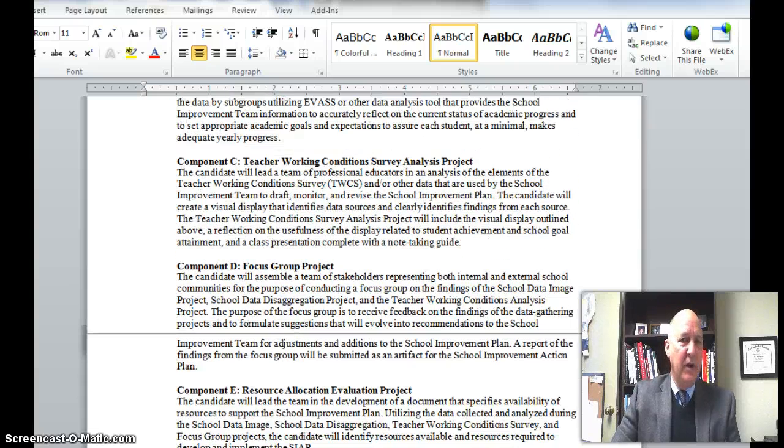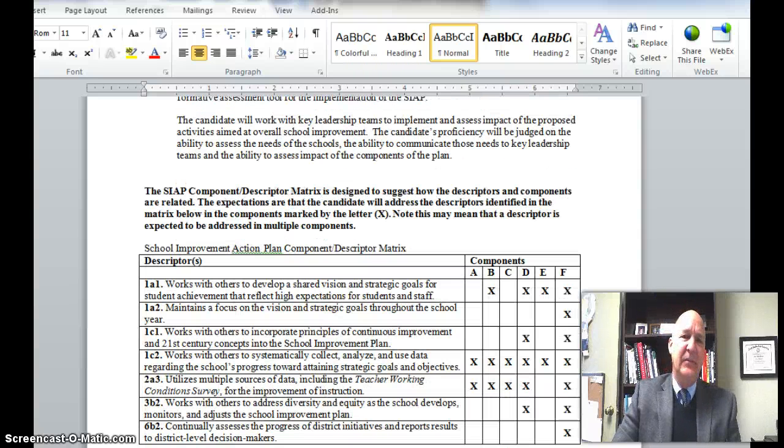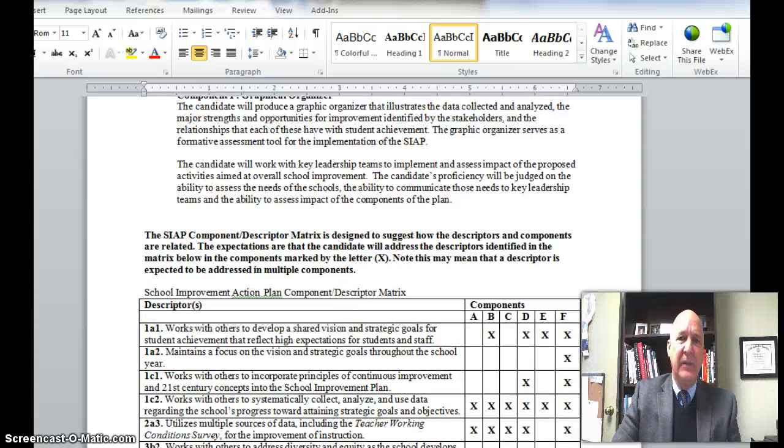Component C, the Teacher Working Conditions Survey, overlaps with several others with the CAP and others that you have done. You should have completed that with a class presentation and note-taking guide last semester, I think. And then in D and E, so what's going on here?